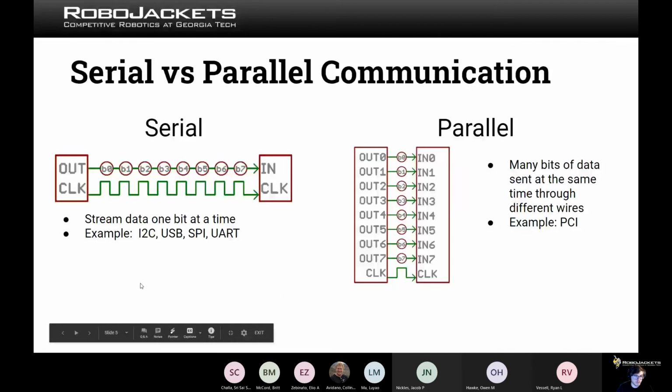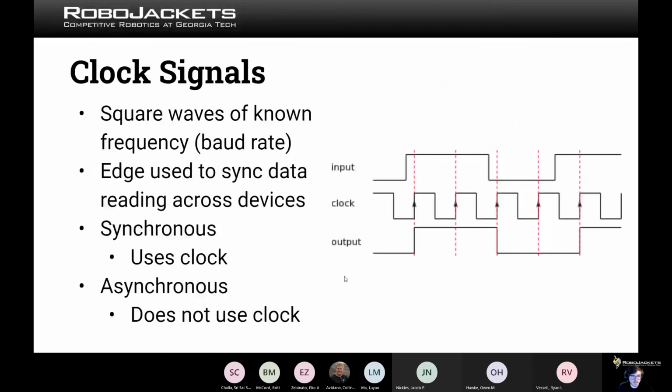But I think all the protocols we'll be talking about today are serial protocols.